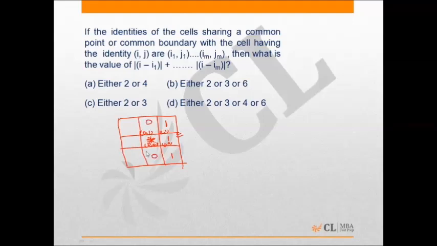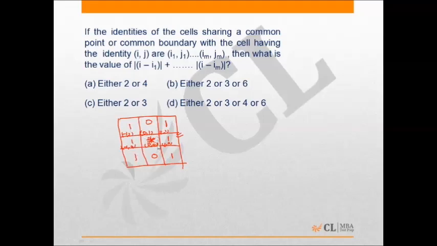Similarly 0 here. This is (-1, 1), (-1, 0) and so forth. So the value of i minus i1 here is minus 1, but the modulus of that is again 1. So the value of these three cells is also 1.